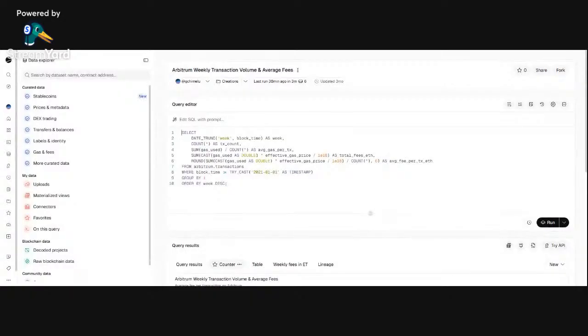Anyway, as I was saying, Arbitrum weekly average fees. I had weekly transfer volume and average fees, but I just decided to do average fees. So we have select, so of course, we are going to use select from and where. I wanted it to be weekly because I didn't want to measure the daily fees.